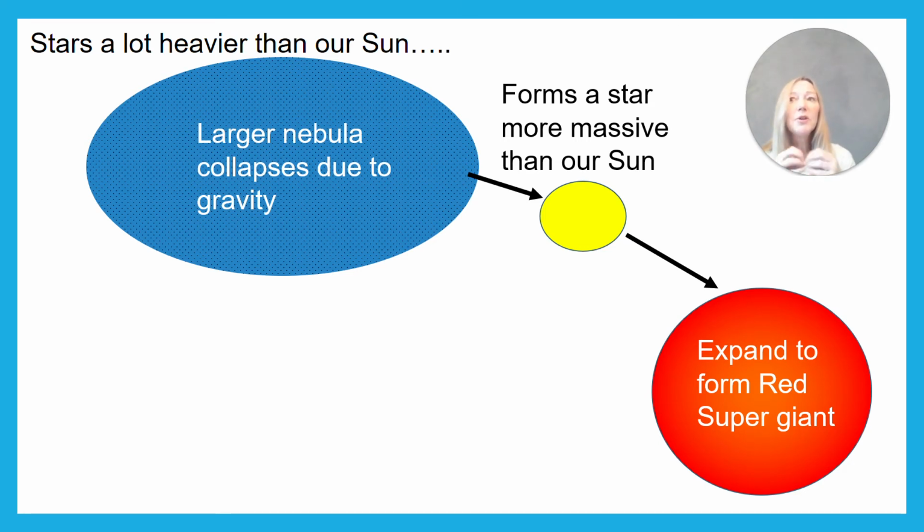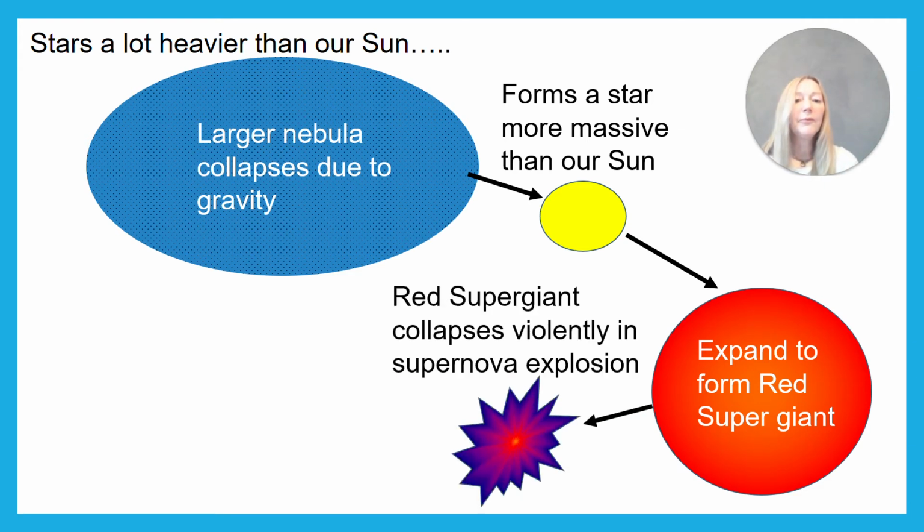And because this happens really quickly, the star actually explodes. The red supergiant collapses violently, causing a supernova explosion. The remnants of that explosion that go out into the atmosphere can also form another nebula. And that nebula again can form what we call a second generation star.